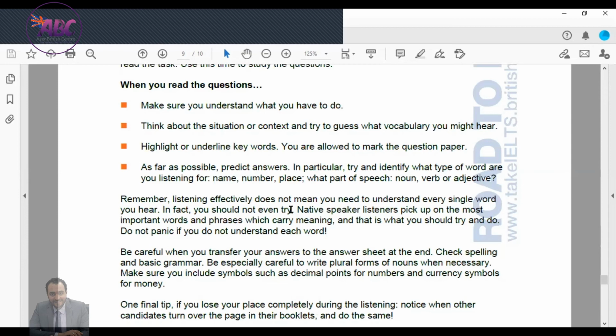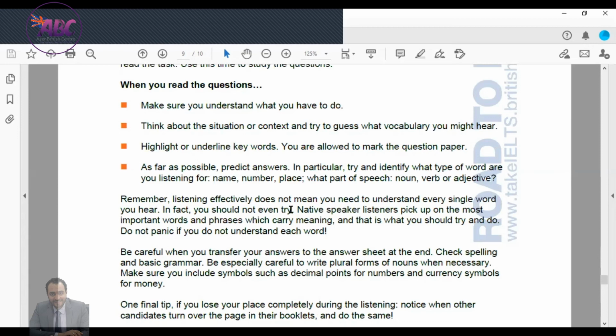And if you miss a word or a question, do not panic. You must continue with the audio. It's very important not to panic during the listening test and not to stop. Remember that the audio you're listening to is your guidance.